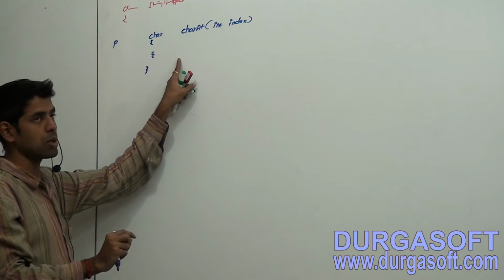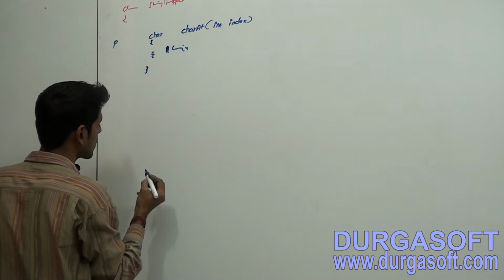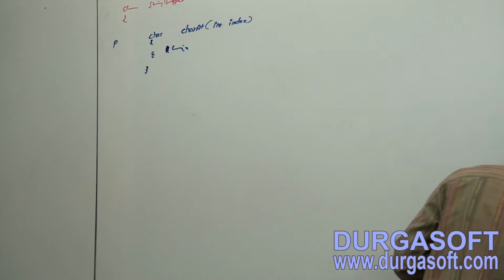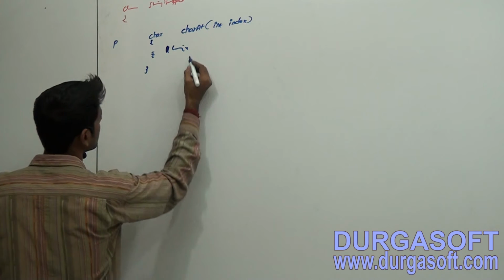What is the implementation here? Logic to return the character at the specified index.